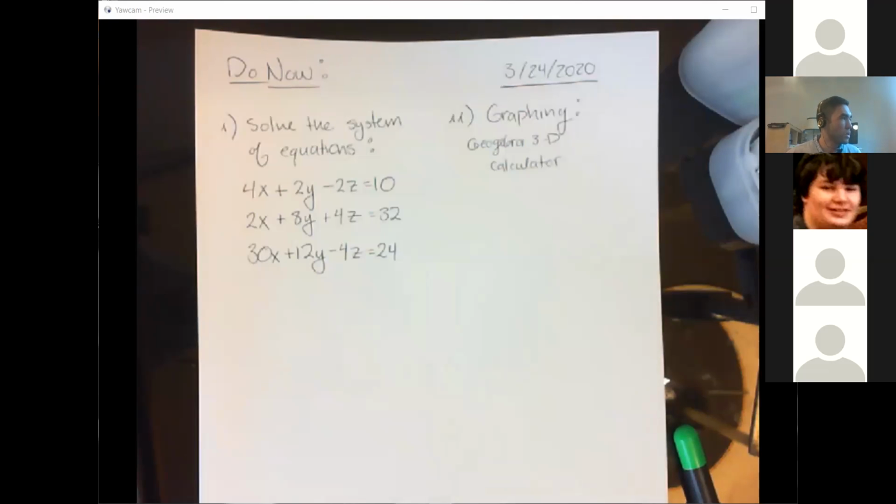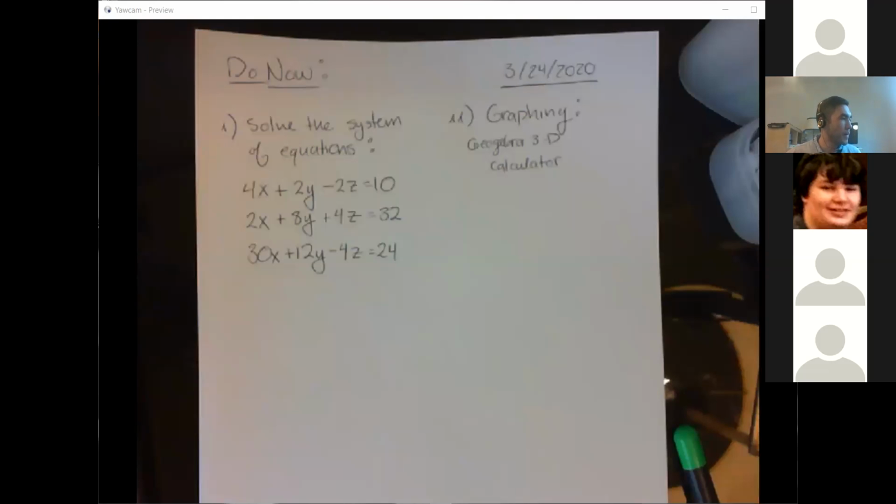So I'll post the link after we get going so that y'all can take a look at it and use it. But it functions identical to Desmos. You just type in the equations or whatever. But instead of typing in linear equations and getting lines that pop up in Desmos, it can graph 3D planes because I want y'all to take a look at some of those as you go along through your homework.